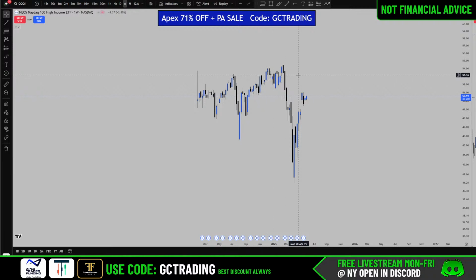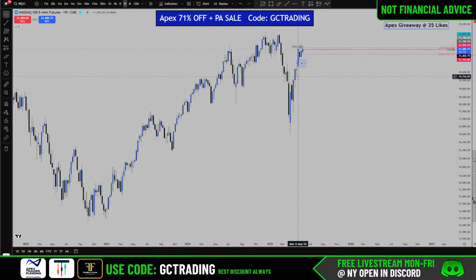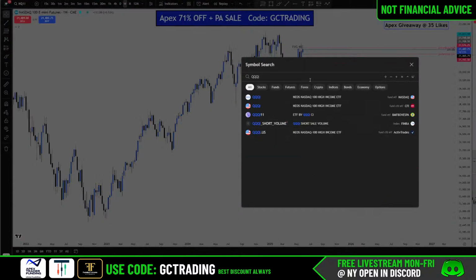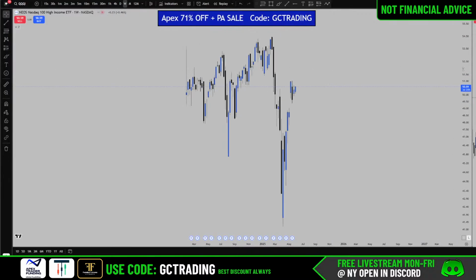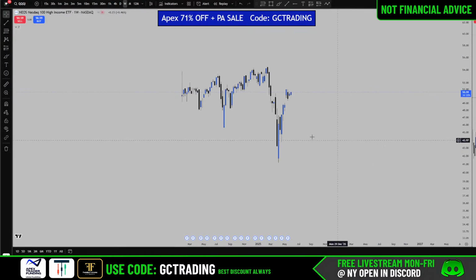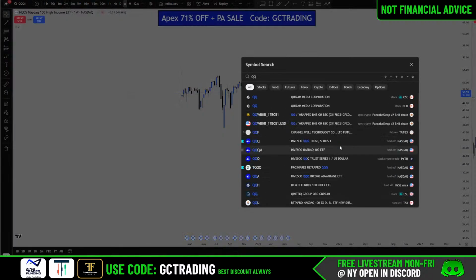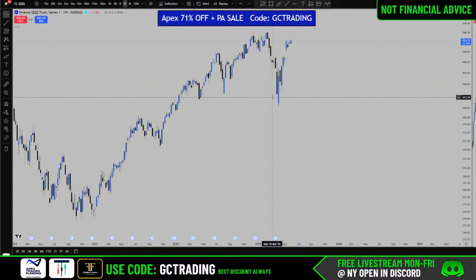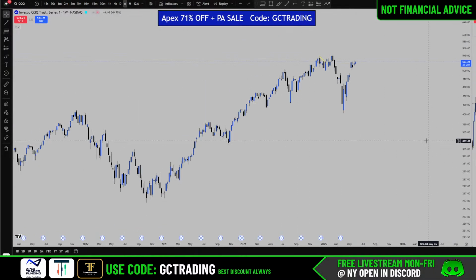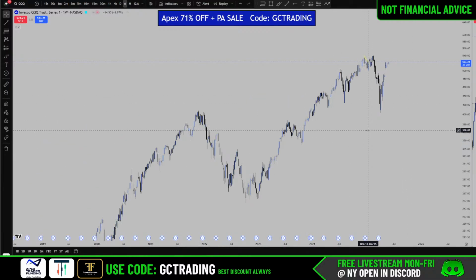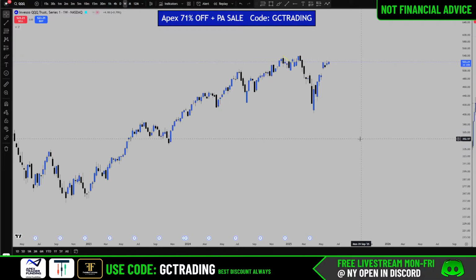If we compare this to NQ, it's pretty close. Obviously, QQQ is growing a lot more. But the other one is pretty interesting, as it pays over 14% dividend a year.